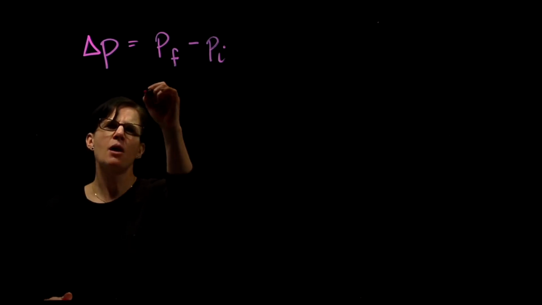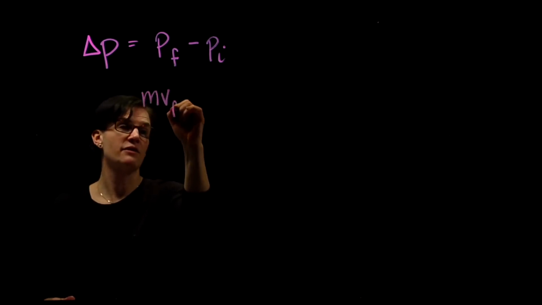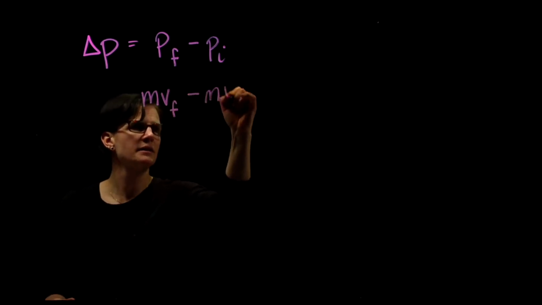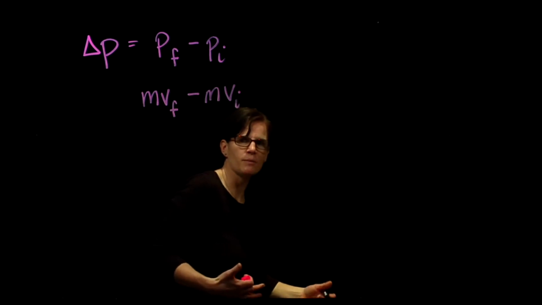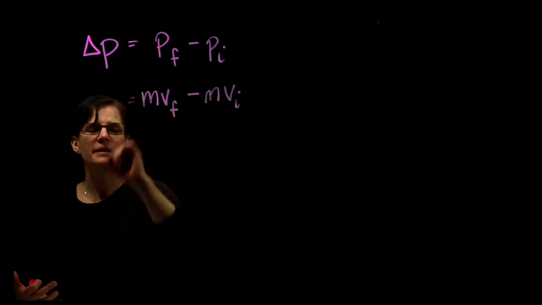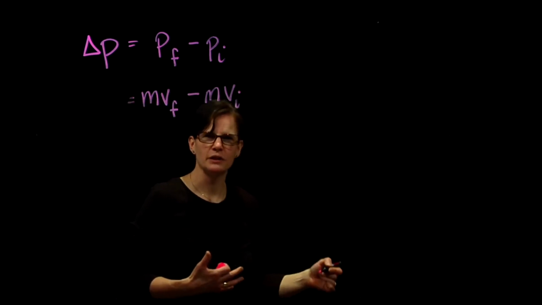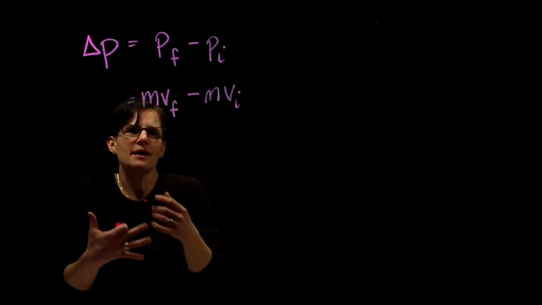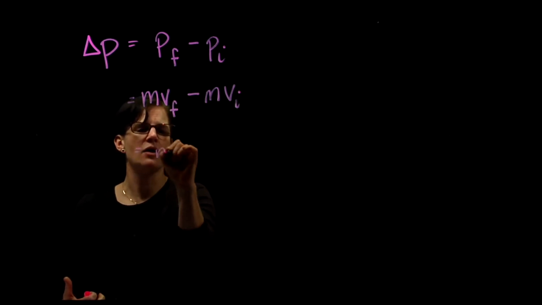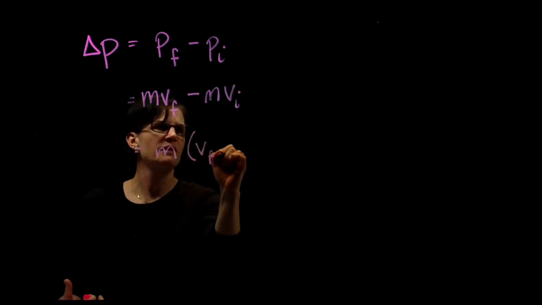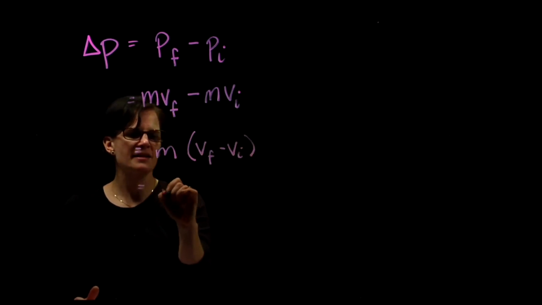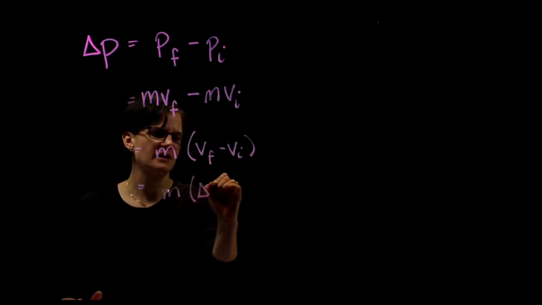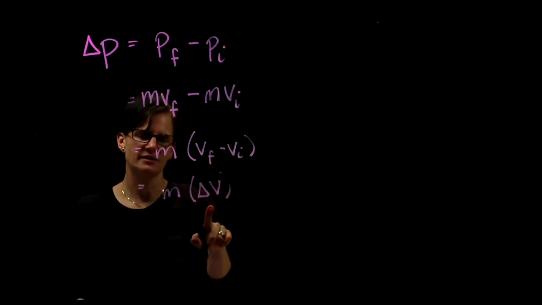So that would almost be like I have mass times final velocity minus the initial velocity. So the change in momentum can happen as a result of a change in velocity. And I can pull those two masses out, and I end up with v final minus v initial. So this is just algebra. And that we know is defined as a change in velocity.